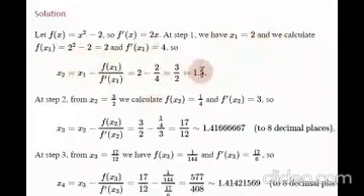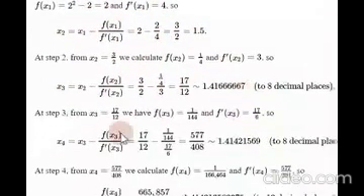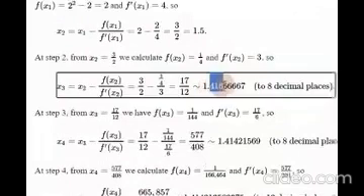This is the initial point. You can plug this number into the equation, then you can find the first iterative. Then we use this first iterative to find the next iterative, which is this. We keep doing this. This is the second iterative, and third.